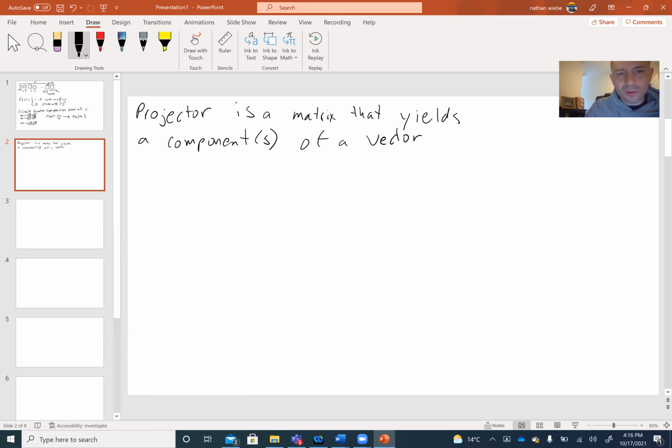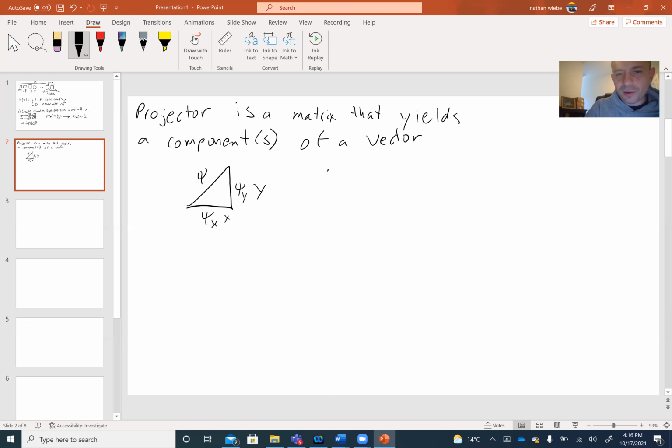So as a particular example, let's imagine we had a vector, let's call it psi, uncreatively here, and we have an x component and we have a y component. And the x component I'll call psi sub x, and the y component we can call psi sub y.